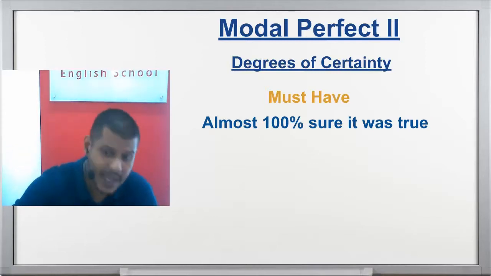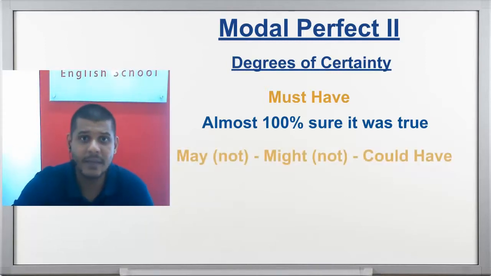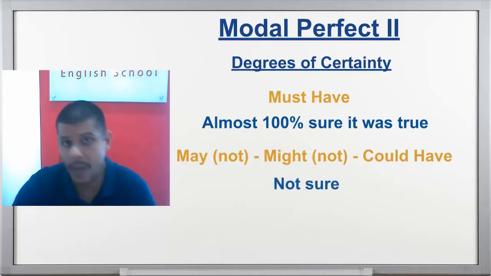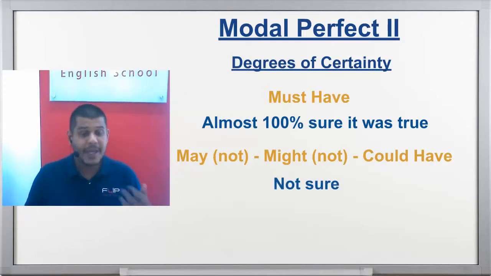Okay, but then I also have the modal perfects may have, might have, or could have. These modal perfects are used to indicate that we are not sure about something. I have no idea what happened, so I'm not sure.